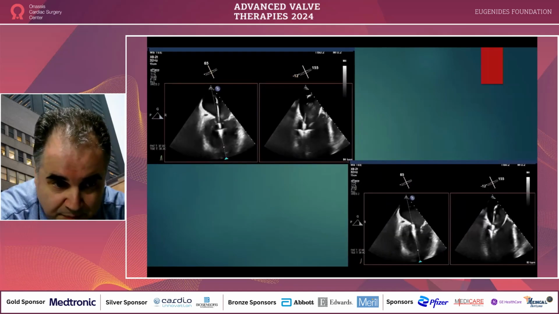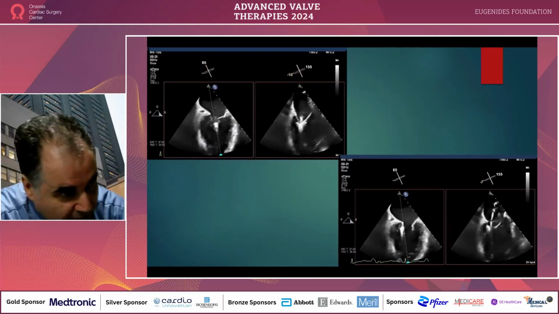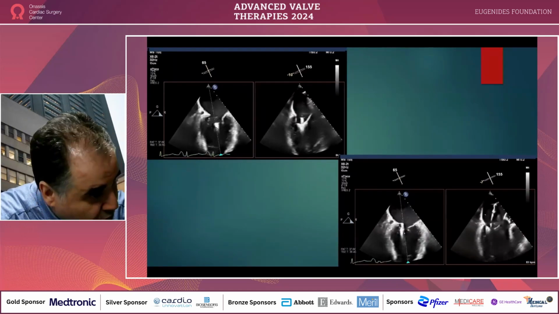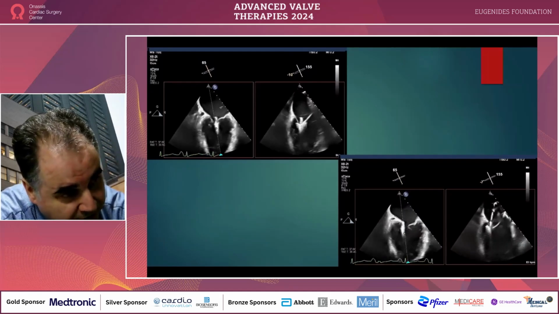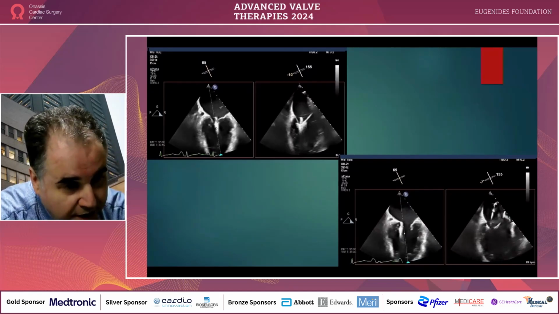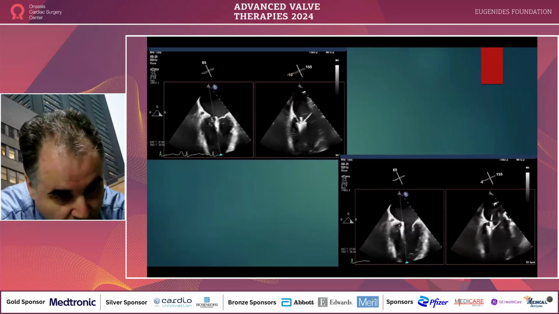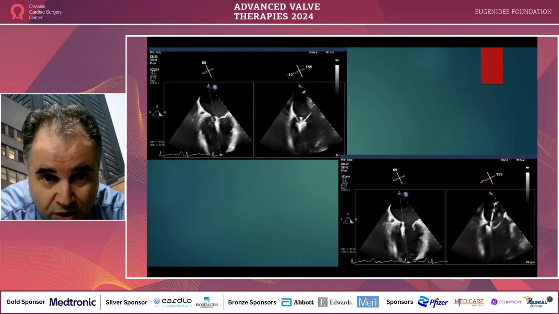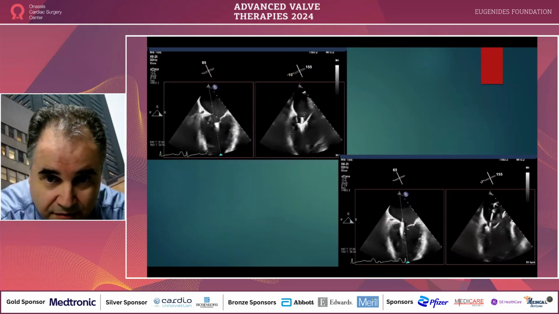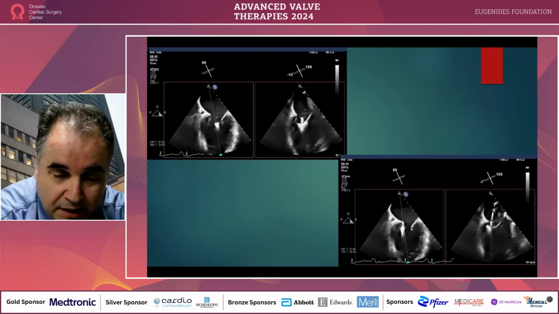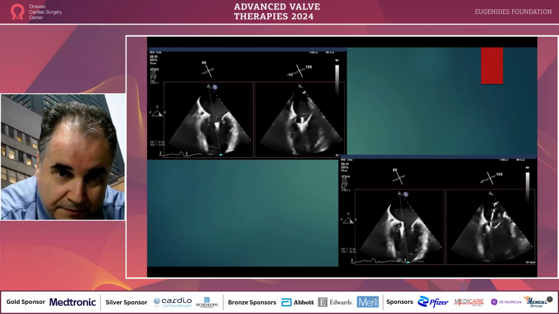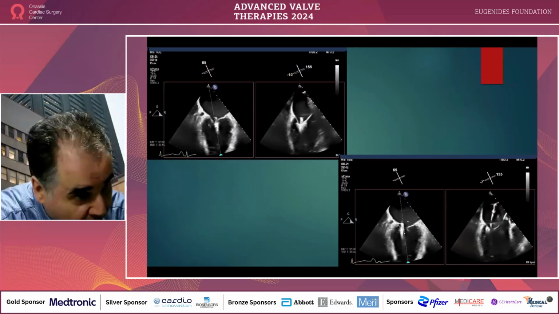You open the grippers, and now I remember when I talked to the company when I was at Emory, that they have to make the clip able to work independently, to have the grippers work independently one from the other. So if you have a good grasp of one of the leaflets, then you keep that and you try to reclip with a better clipping of the other leaflet.